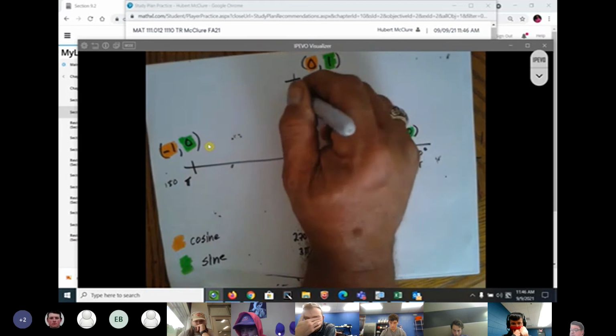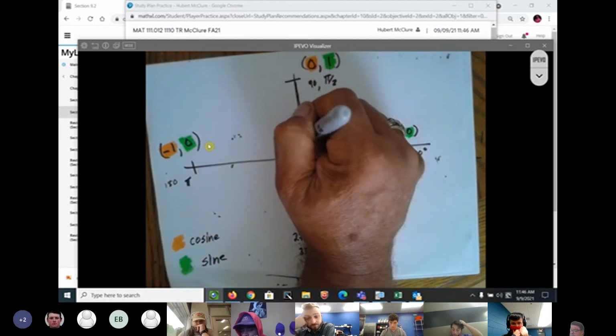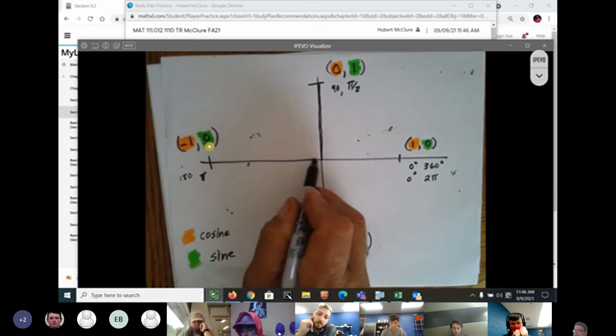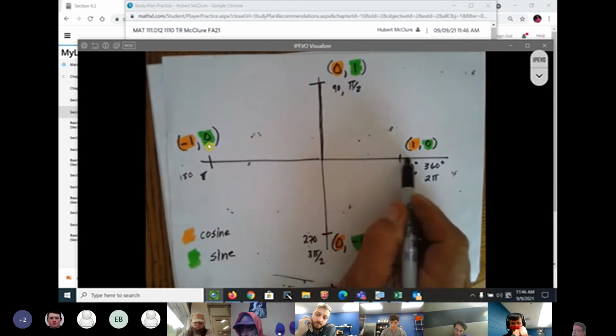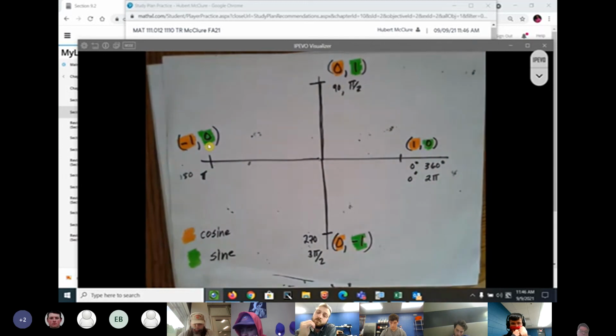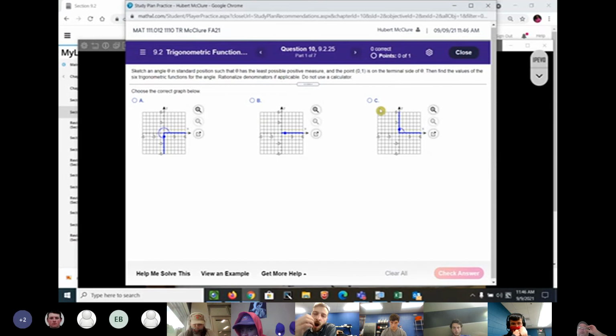They're right on the what? They're right on the border between the quartiles. That's why they're called quartic. I don't know what they call them in the book, but they're called quartics, I think. Or let's see, what do they call it here? Terminal side, you could say that.